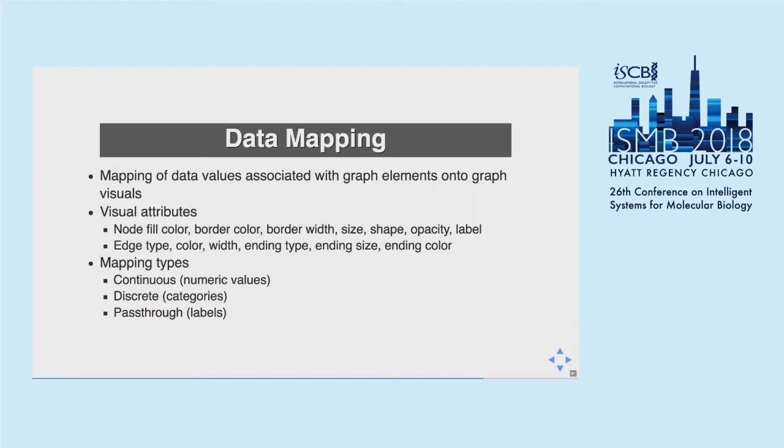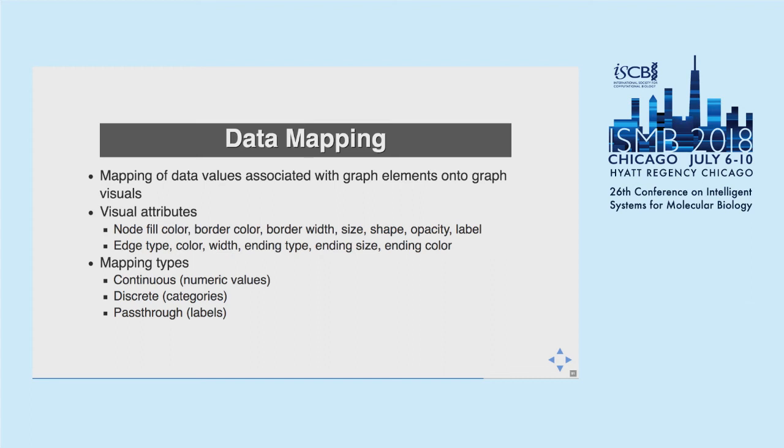Often I can put charts and graphs, as you saw with the STRING app. I can change the edge color, the type, the width, the ending type, what arrows I have, what starting type, the ending color, the starting color. All of these various parameters I can change.